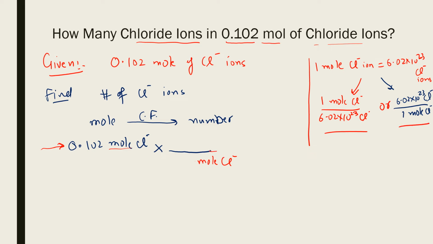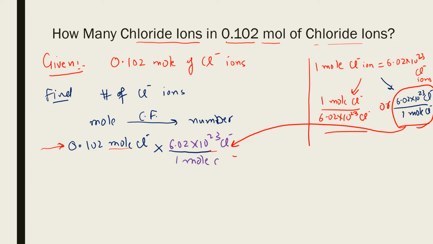So which one has mole of chloride down in the bottom or denominator? The correct choice is this one. So we're going to use this conversion factor here. It means the conversion factor will be 6.02 times 10 to the 23 chloride ions divided by 1 mole chloride ions. Now mole chloride cancels with mole chloride, and we are left with the rest of the equation. So 0.102 multiplied by 6.02 times 10 to the 23, and nothing in the denominator.